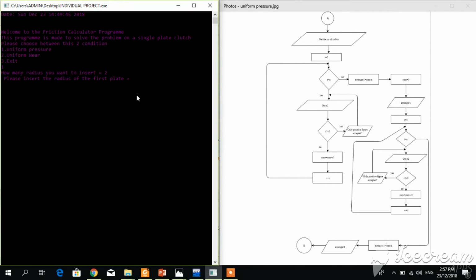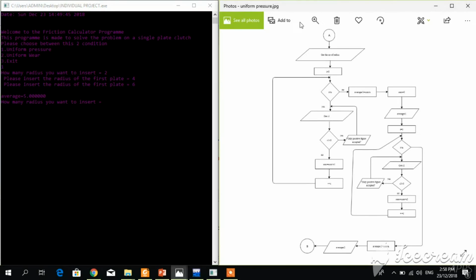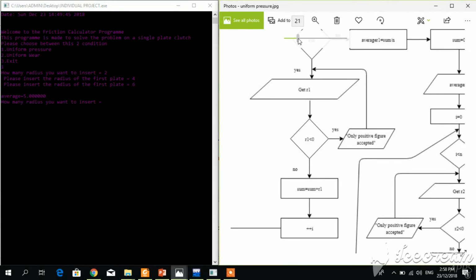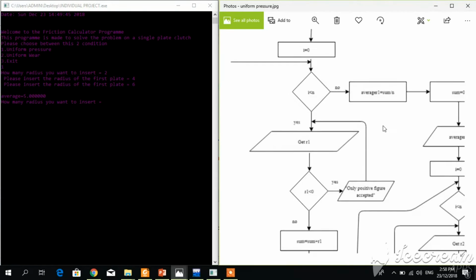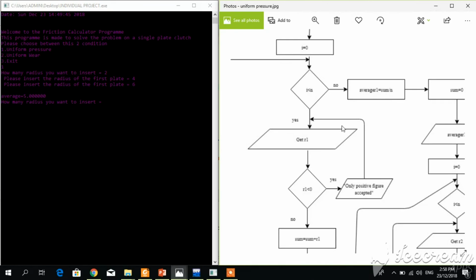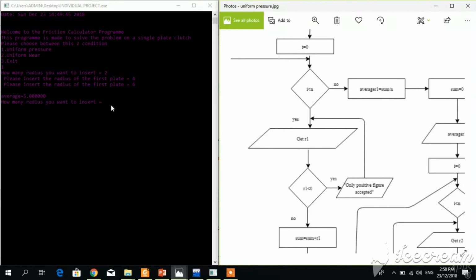Okay, so I insert 4. Another one I insert 6. So we will get the average like here. You get the average. Alright, this is the average.